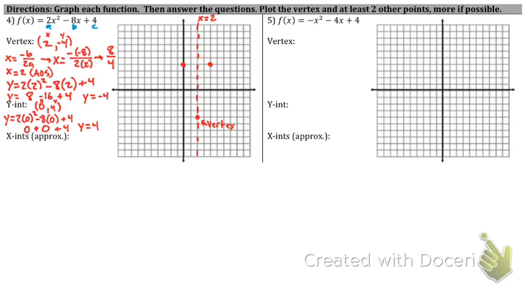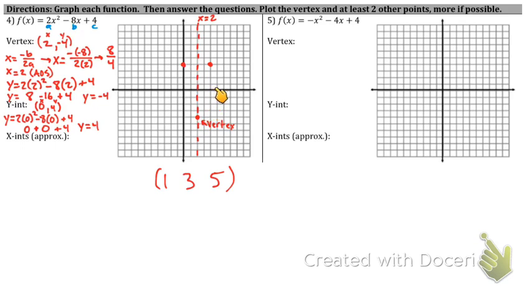So, if you recall, we're going to use the 1, 3, 5 pattern. As a reminder, starting at your vertex, what this says is if I go over 1, I'm going to go up 1 because it's positive. If I go over 1 again, from that point I'm going up 3.